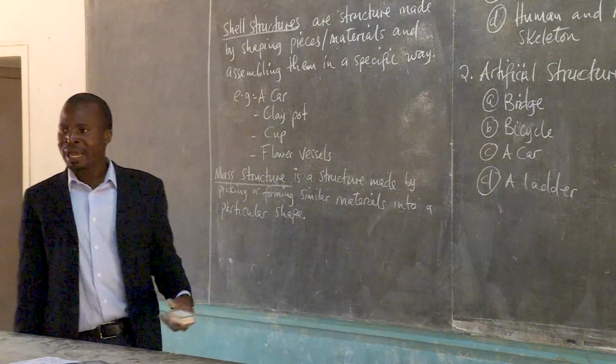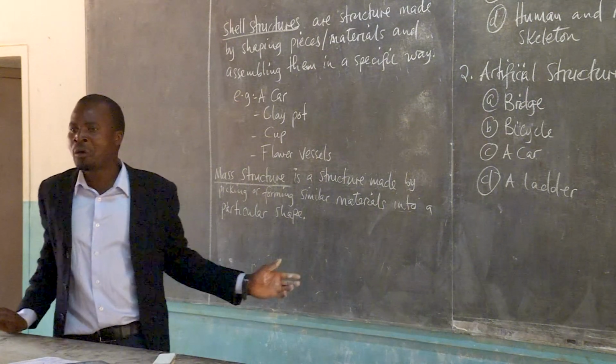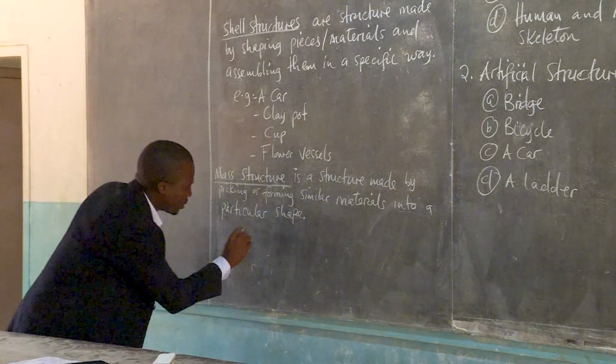Okay, what are examples of mass structures?